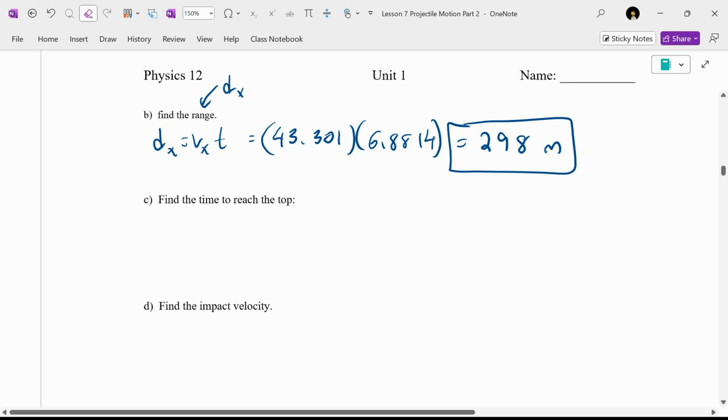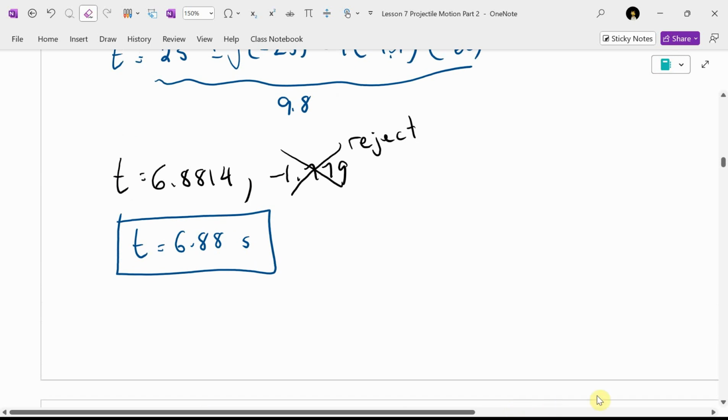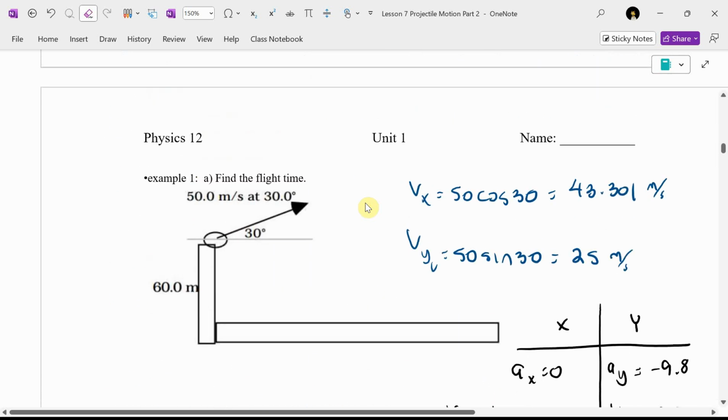Mr. Dueck. What, Jacob? Does that negative time, that negative 1.77, does that actually mean anything? It kind of does. Don't write this down, this is just for nerd trivia. Jacob, if instead of going up at a 30-degree angle, 50 meters per second, you were going down at a 30-degree angle at 50 meters per second, and you could somehow go into the ground, it would take you 1.77 seconds to hit ground level.